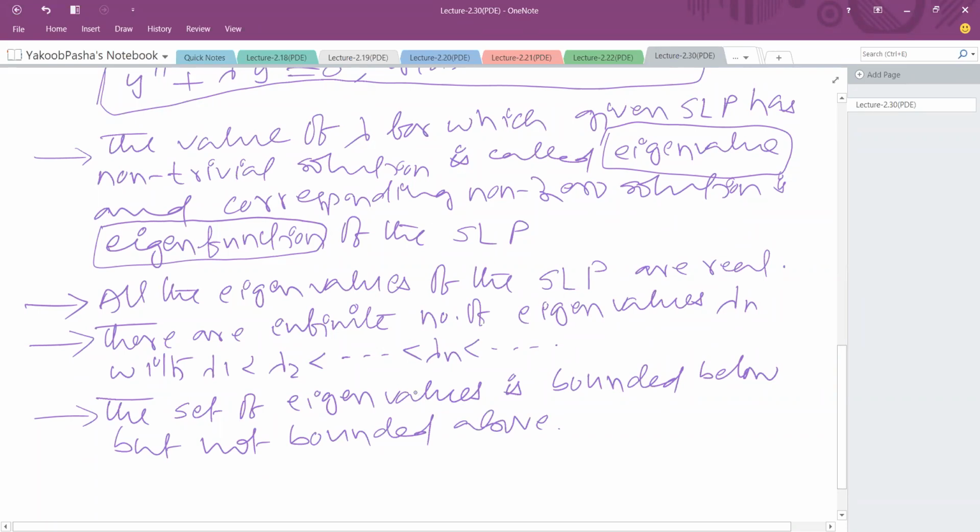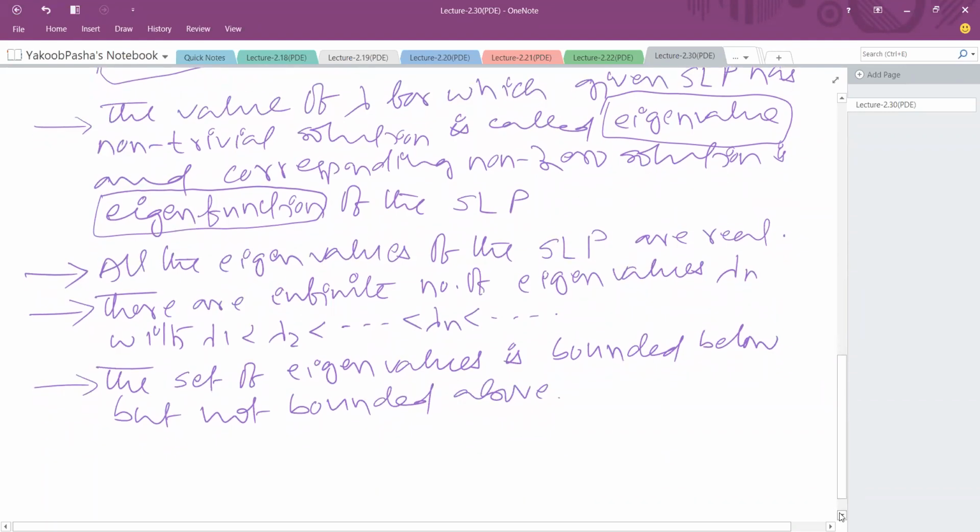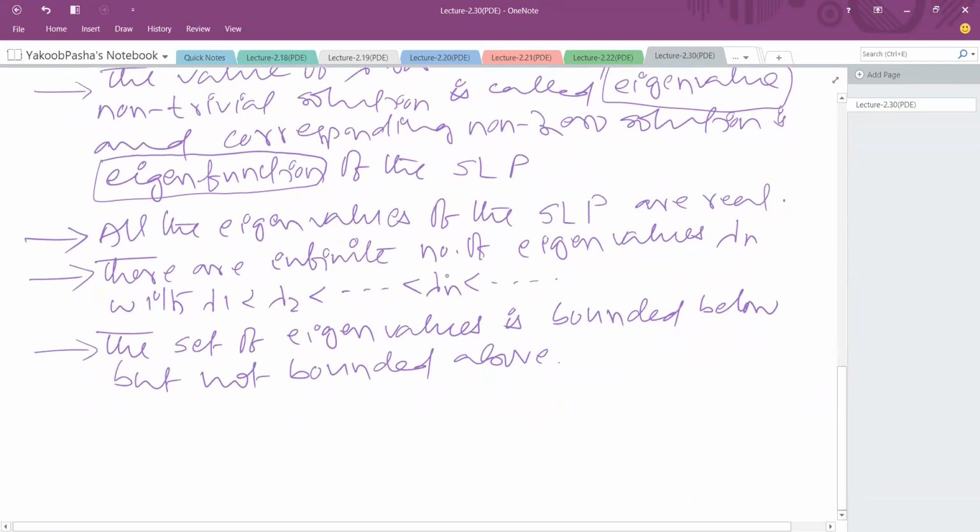And the eigenvalues form an infinite sequence and can be ordered as lambda 1 is less than lambda 2 is less than, and so on, lambda n. As n tends to infinity, lambda n also tends to infinity. So the eigenvalues form an infinite sequence.